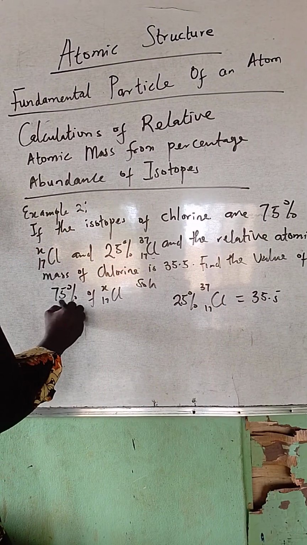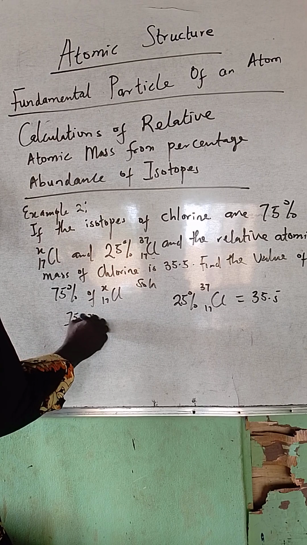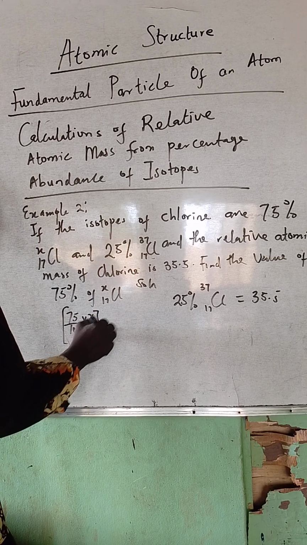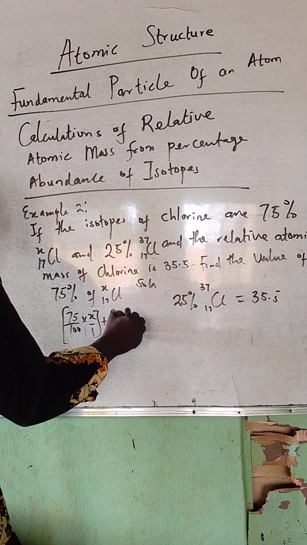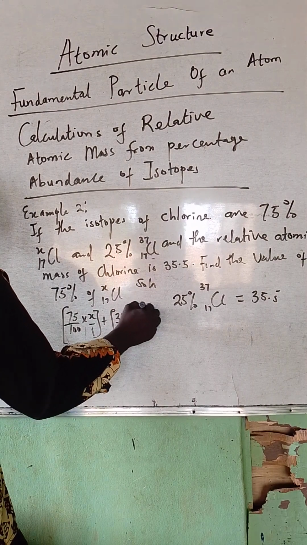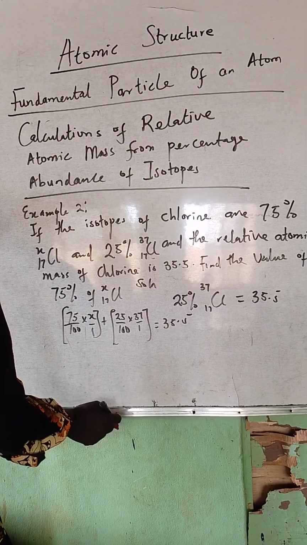So just do like this: 75 over 100 times S over 1 plus 25 over 100 times 37 over 1 to give us 35.5.